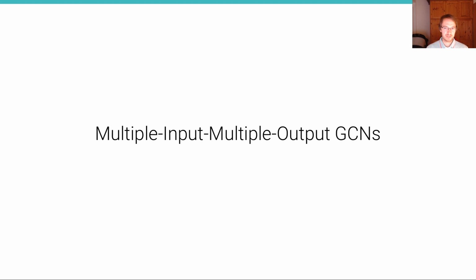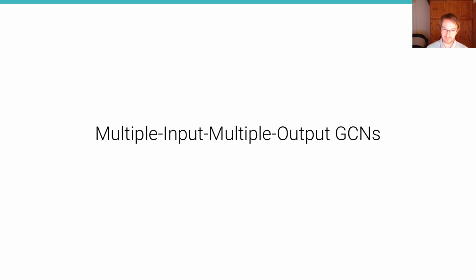What we've seen so far are graph convolution networks that are limited in the number of features at their input. In particular, we have assumed that the signal is one-dimensional. For every vertex in the graph, the input signal has one scalar.